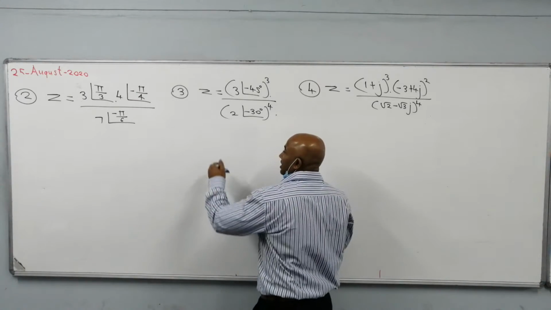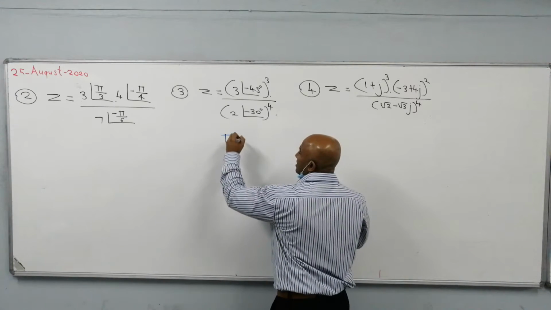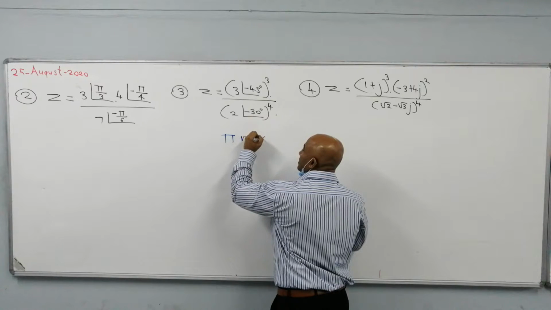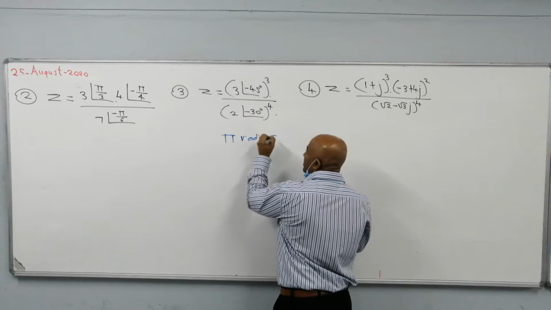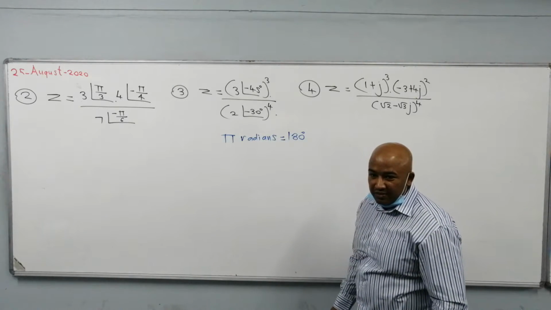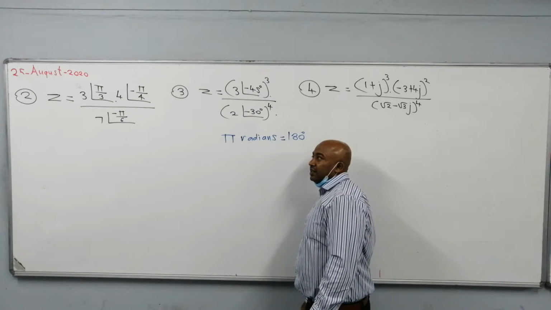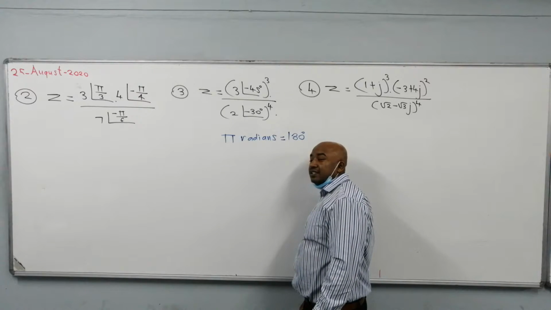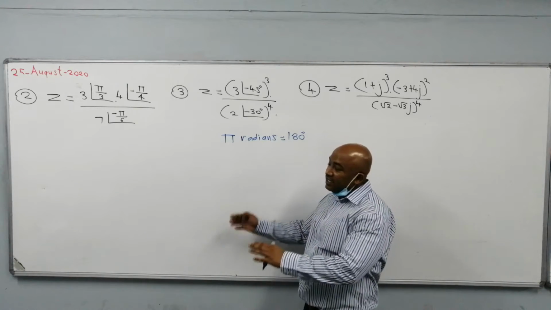So, this is pi in radians. If you convert this to degrees, it will equal 180 degrees. Now, there are two ways to deal with this. It's either convert all that to degrees and then divide, or work with it as it is.